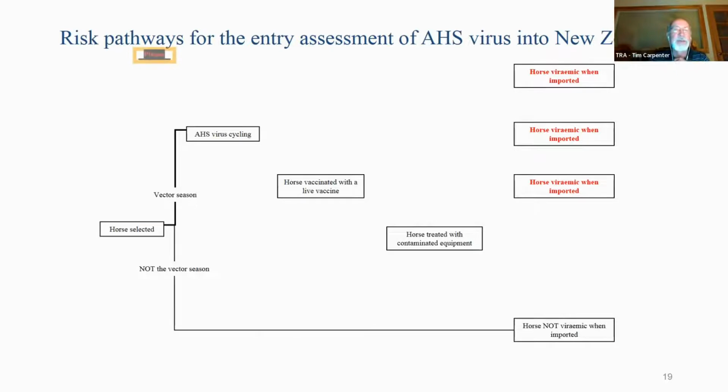So we have a horse that's selected. If it's selected outside of the vector season, then we're confident that that horse will not be viremic. I think it's important to say that once the animal is selected, it's not going to be showing clinical signs, and it will be tested. It should not have a fever.